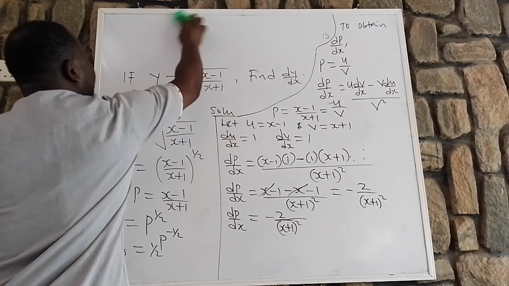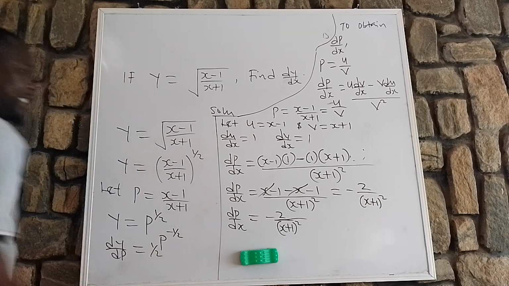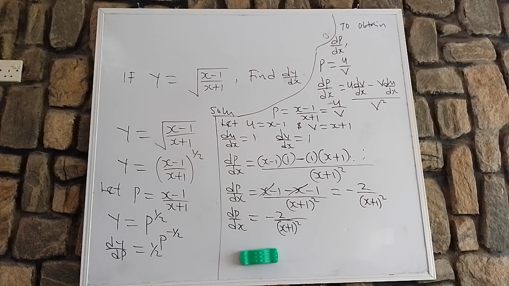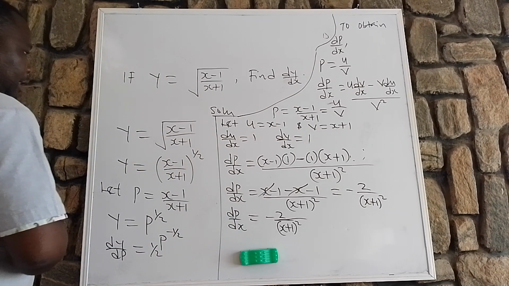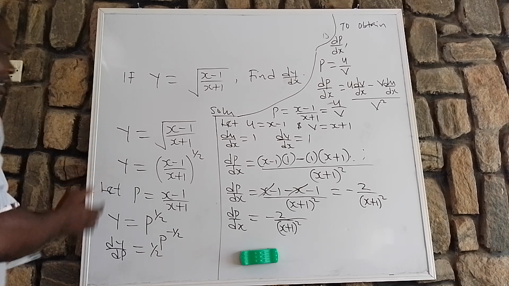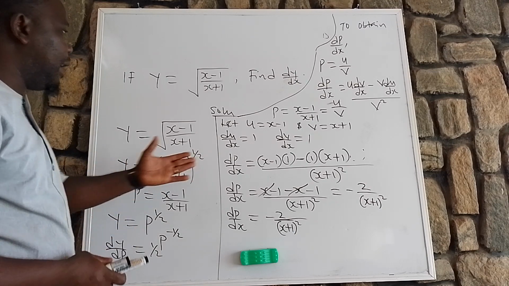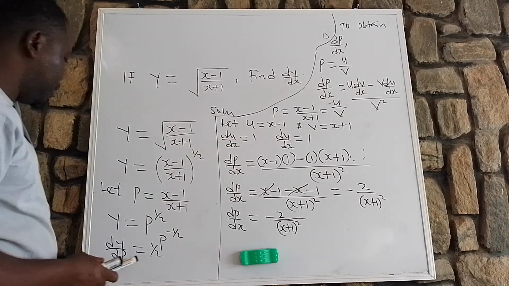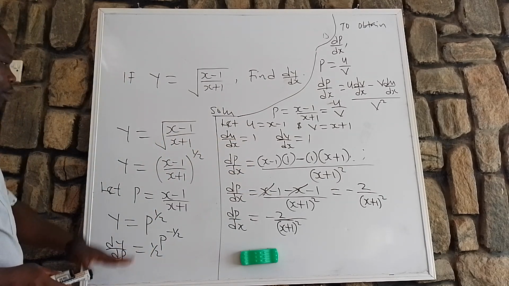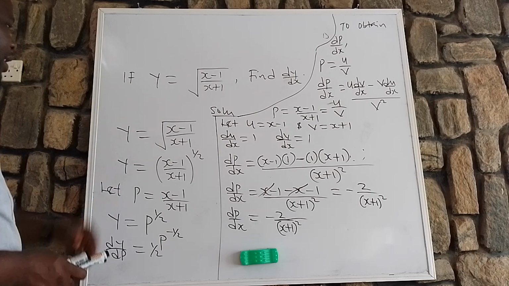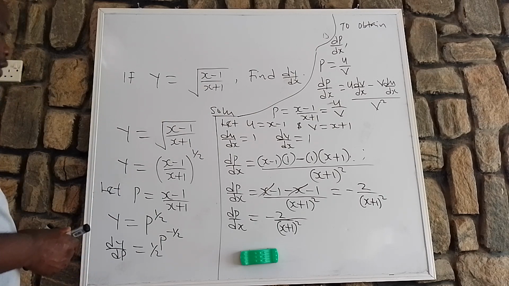You can now see that we have used the quotient rule, and now we want to use the chain rule to obtain the final answer.